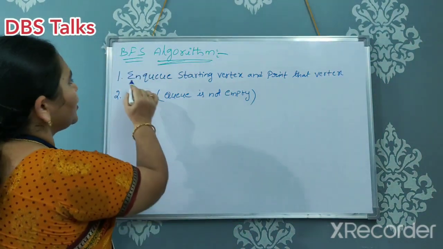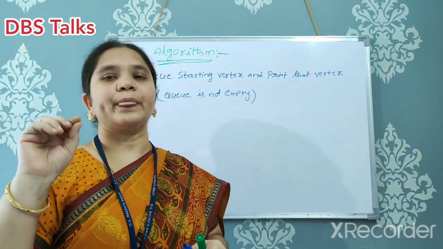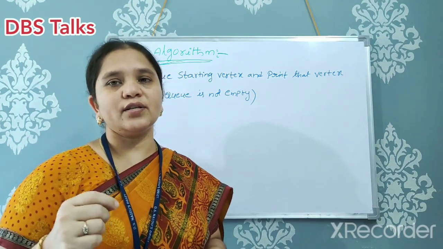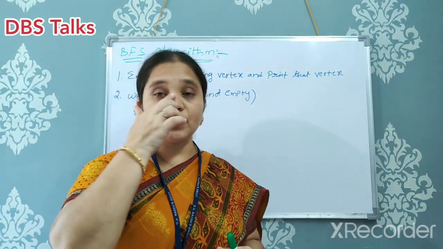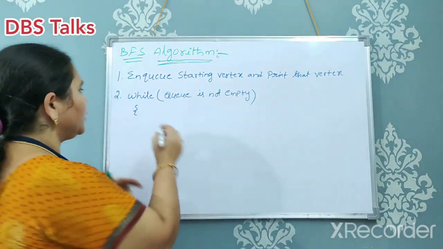NQ is nothing but insert. In a queue we use two technical words: for insertion we use NQ, and for deletion we use DQ. So here P is equal to DQ.